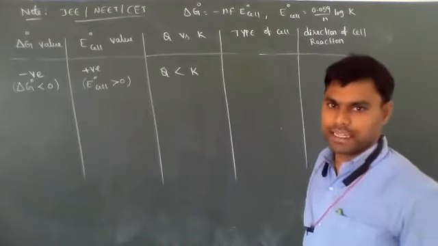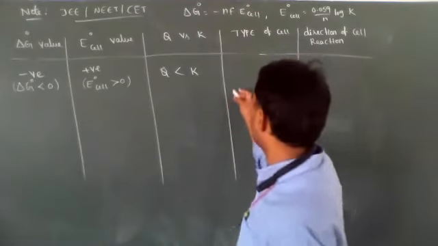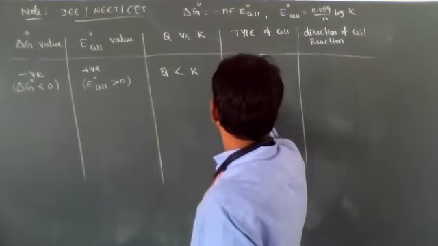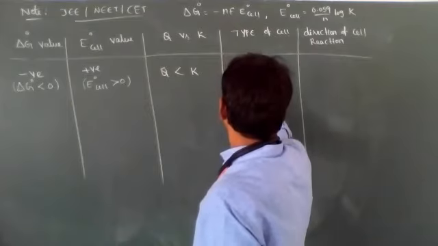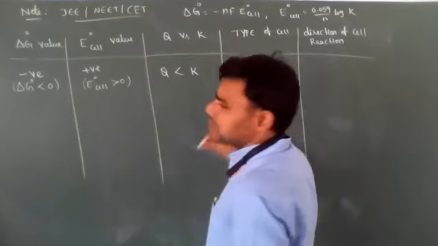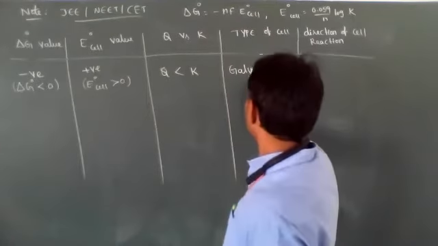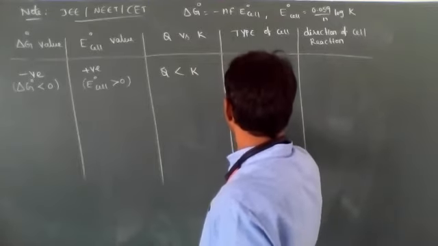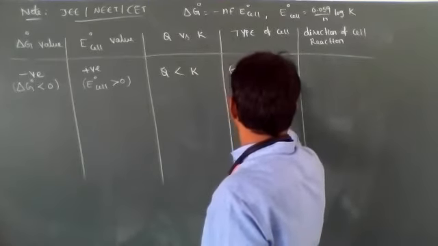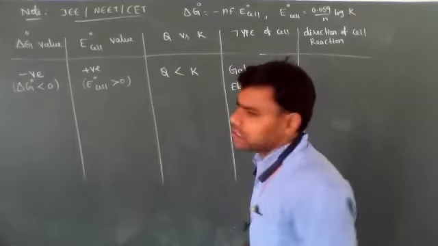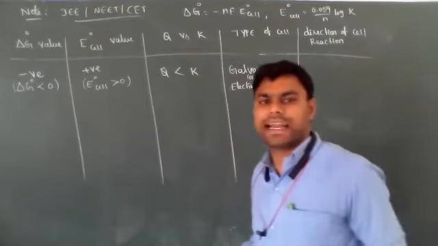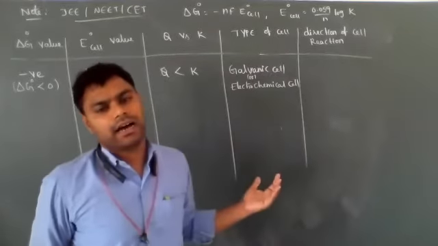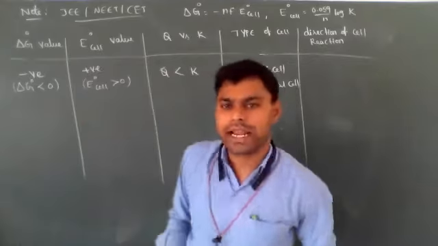Then what type of cell is it? It is a galvanic cell, an electrochemical cell, in which chemical energy is converted into electrical energy.